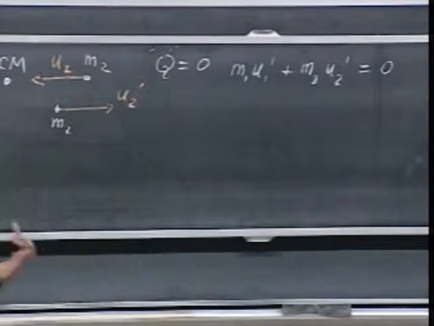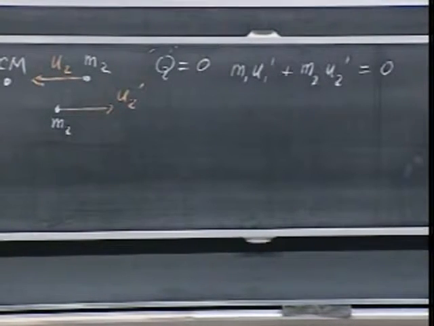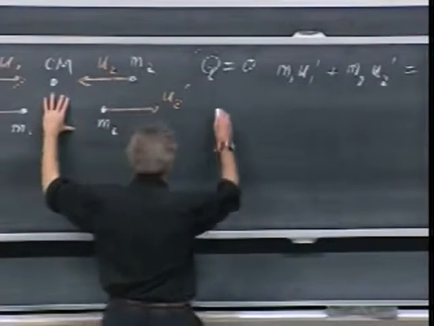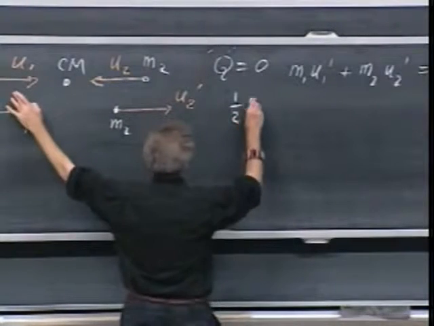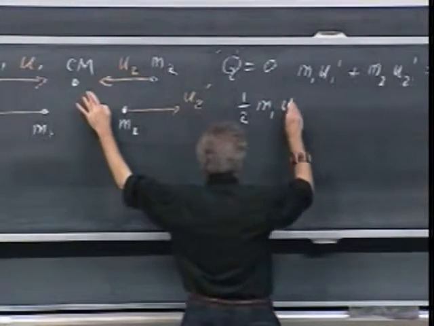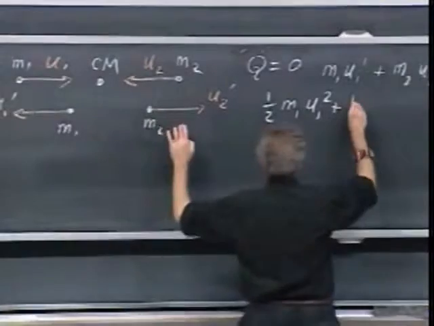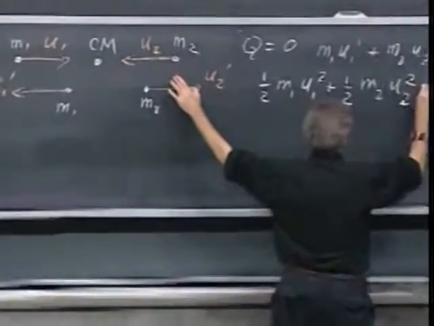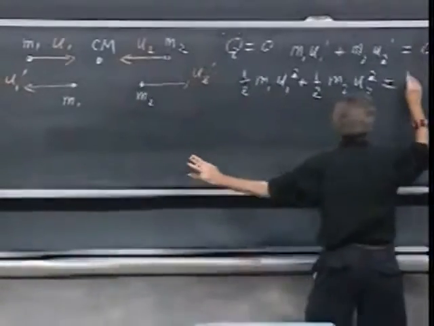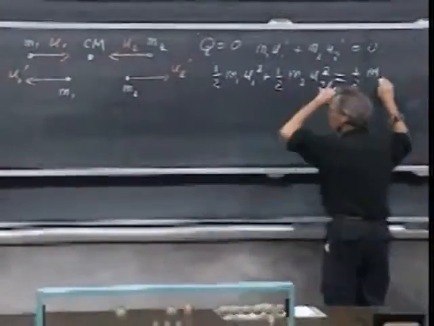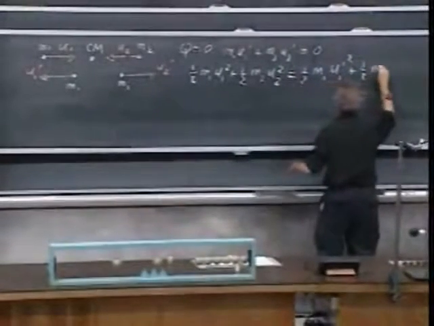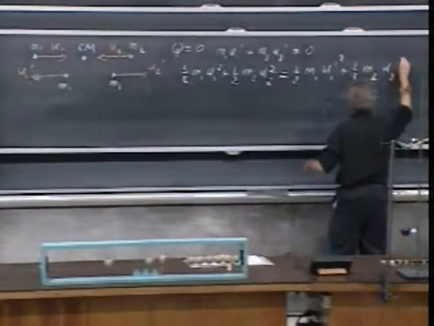I told you I chose the case of a completely elastic collision, Q is zero, and so kinetic energy must be conserved. So I have, before the collision, 1/2 m1 u1 squared plus 1/2 m2 u2 squared, and after the collision I have 1/2 m1 u1 prime squared plus 1/2 m2 u2 prime squared.